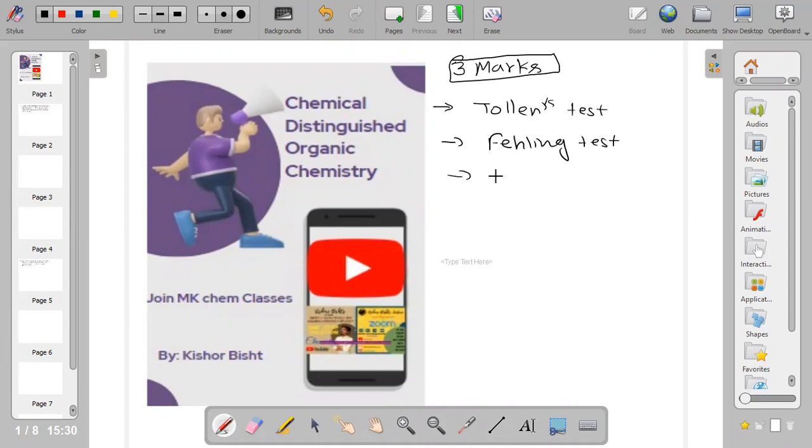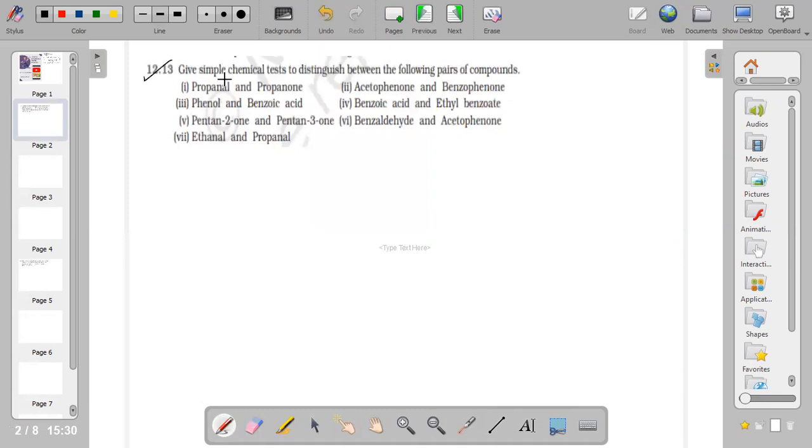Third is the iodoform test. If you know these 3 tests, then you can solve NCERT question number 12.13. Before I solve this question, I'm telling you what these 3 tests are.